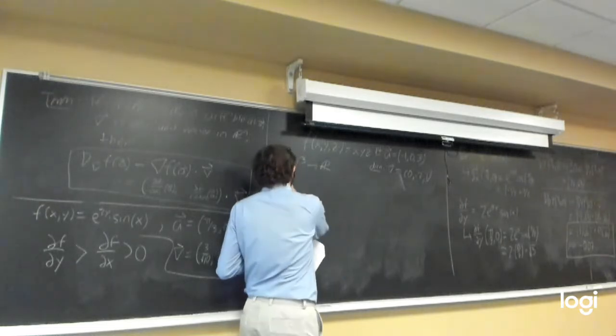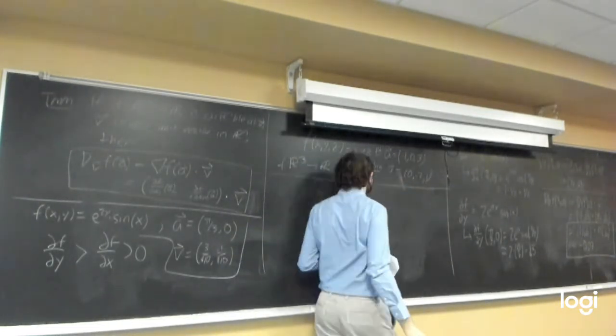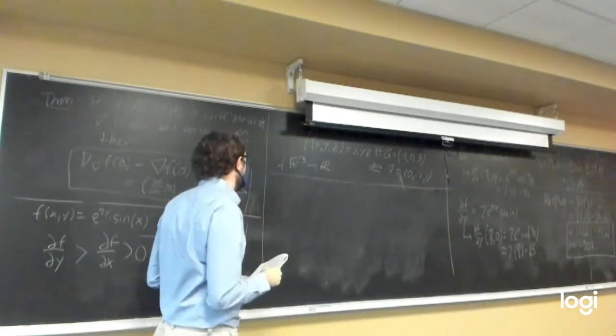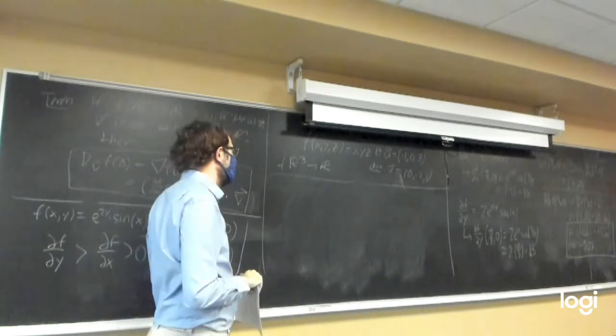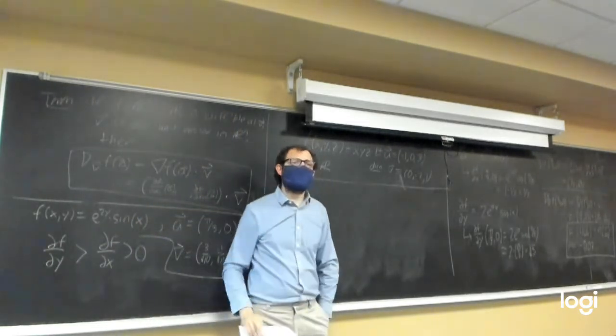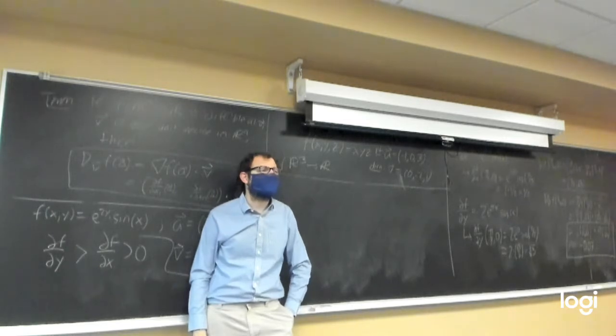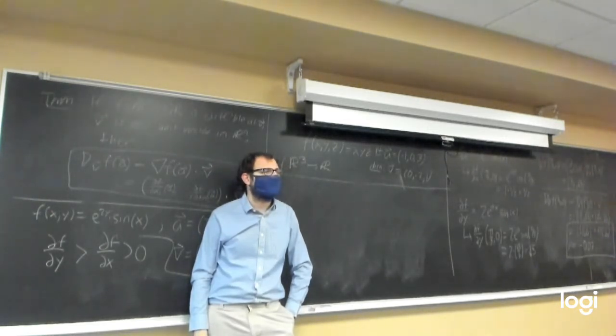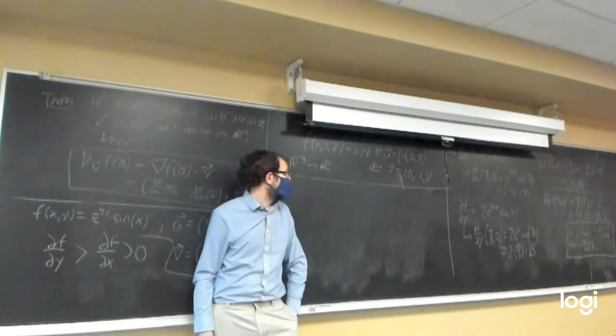So, we want to find this directional derivative of f at A in the direction of v. Where do you think we should start? See if v is a unit vector. Cool.